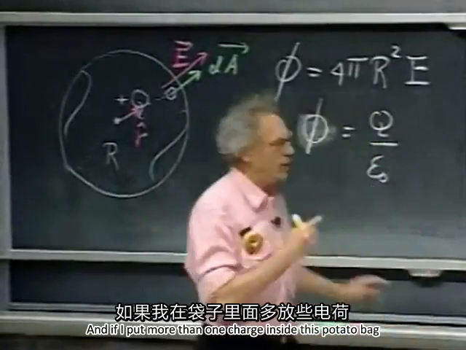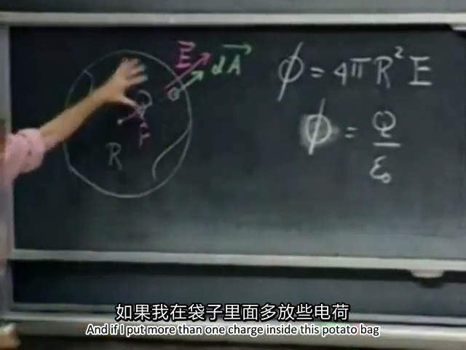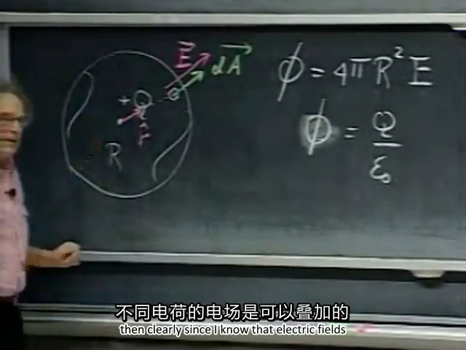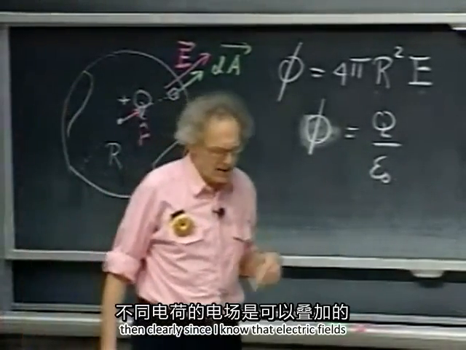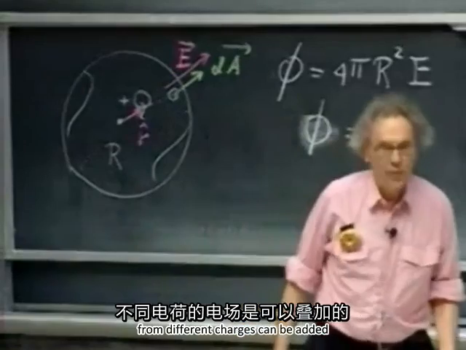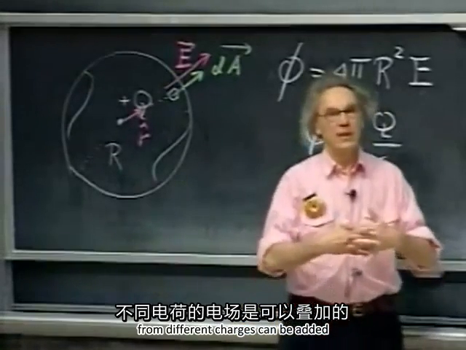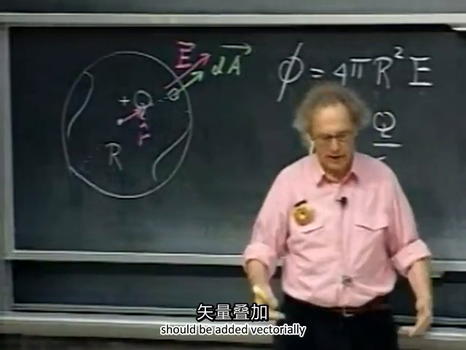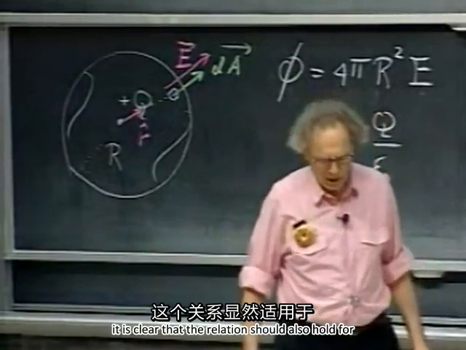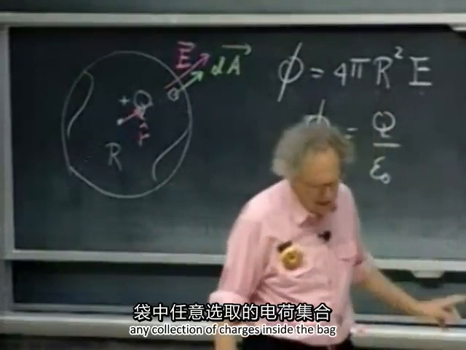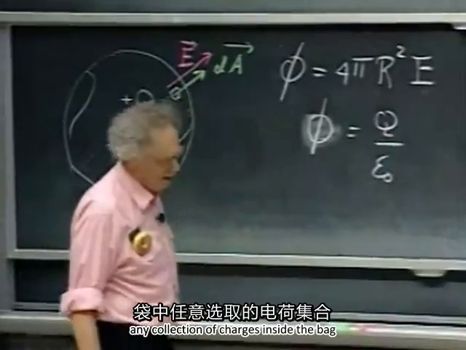And if I put more than one charge inside this potato bag, then clearly, since I know that electric fields from different charges can be added, should be added vectorially, it is clear that the relation should also hold for any collection of charges inside the bag.